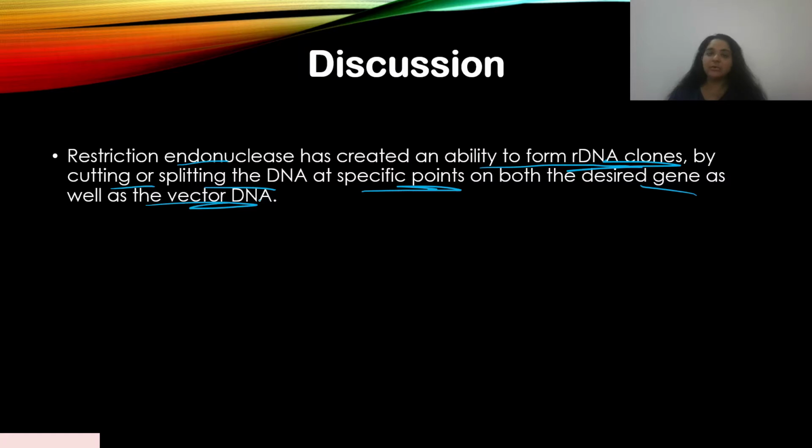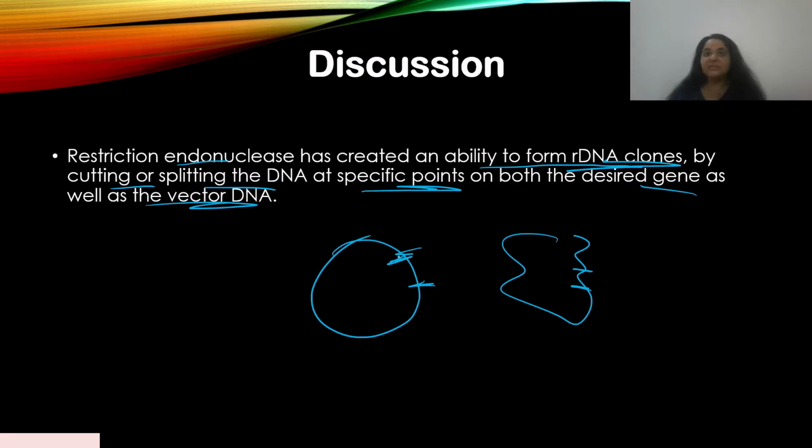And this is a very important piece of information: when you use restriction endonuclease to make a cut in the DNA fragment that you want, the same restriction endonuclease has to make a cut in the vector DNA. Only then will you have complementary nucleotides. Not all restriction endonucleases will produce a sticky end cut.